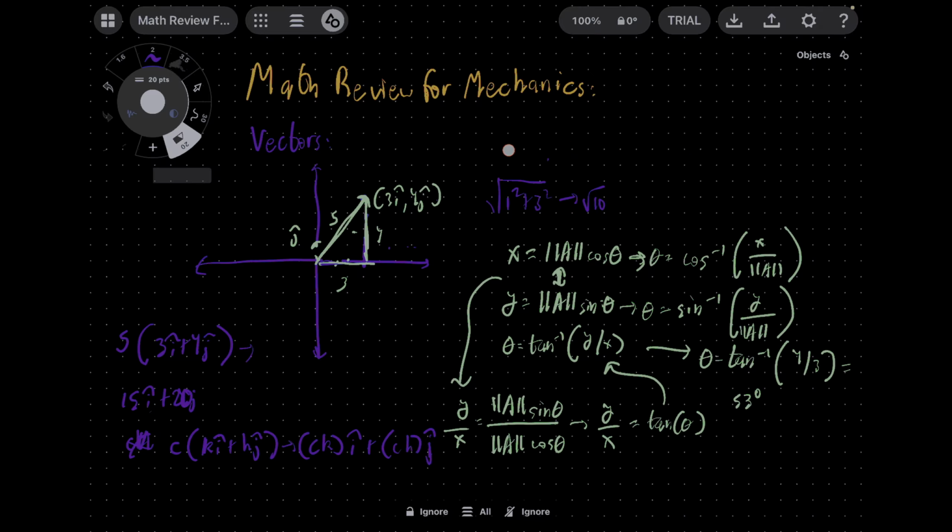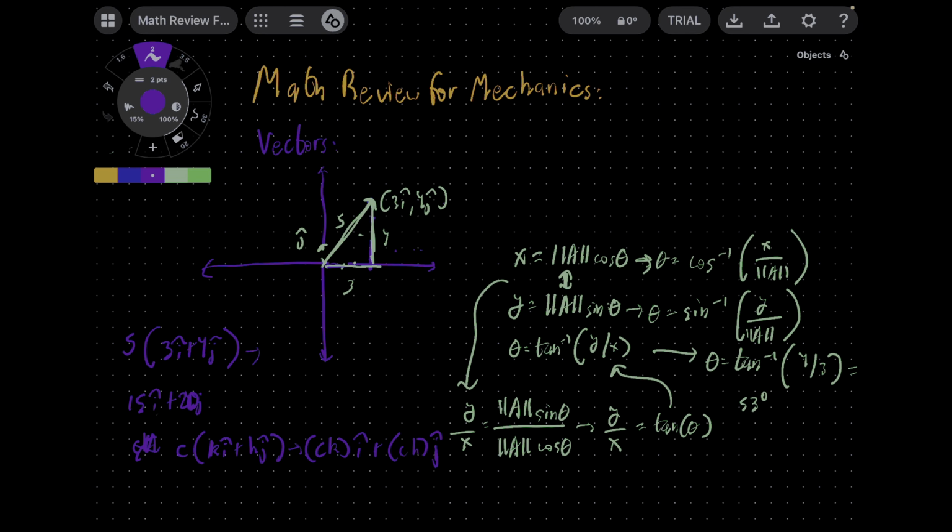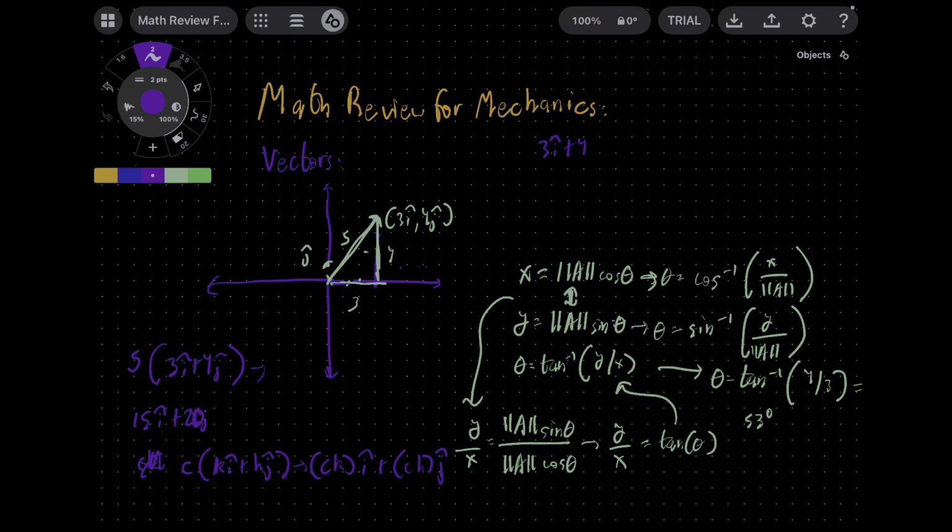And adding vectors is actually very similar to adding numbers, especially when it's in the i hat j hat form. So if we have, again, our same initial vector, 3i hat plus 4j hat, plus then another vector, let's say 5i hat plus 6j hat, what we would do is we would group the i hats together.